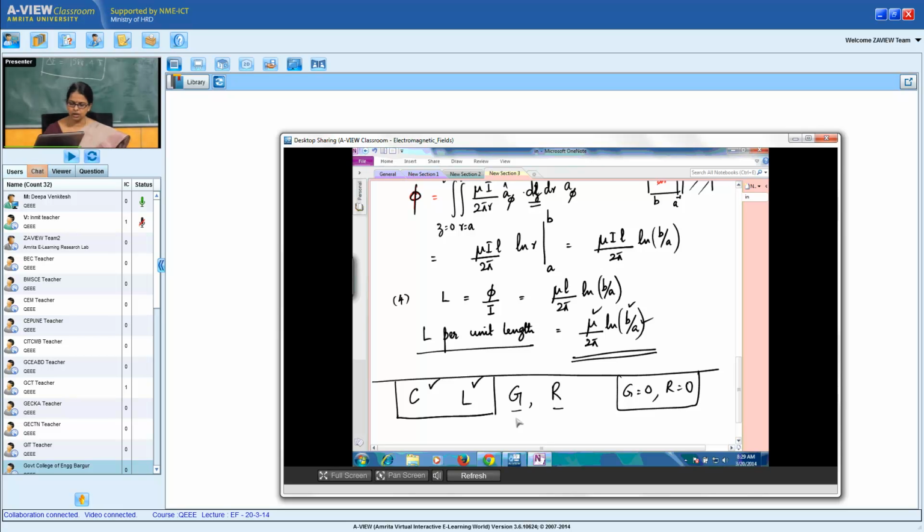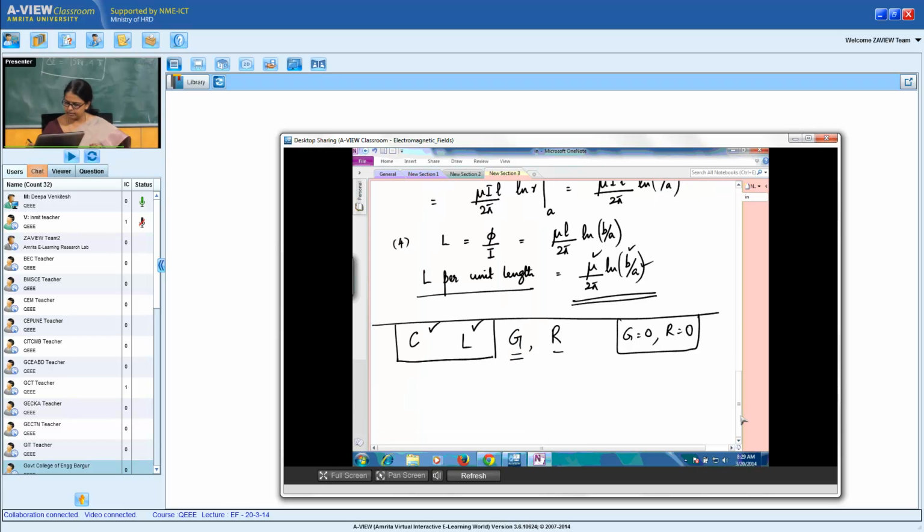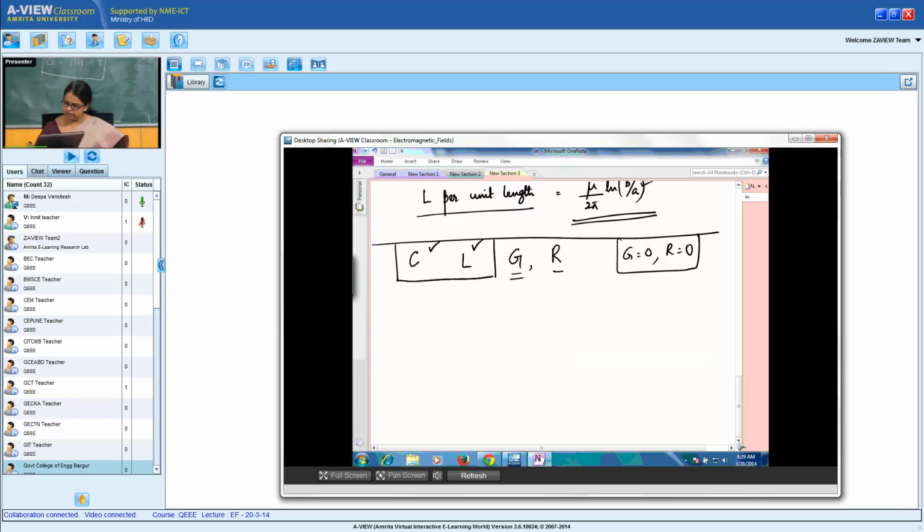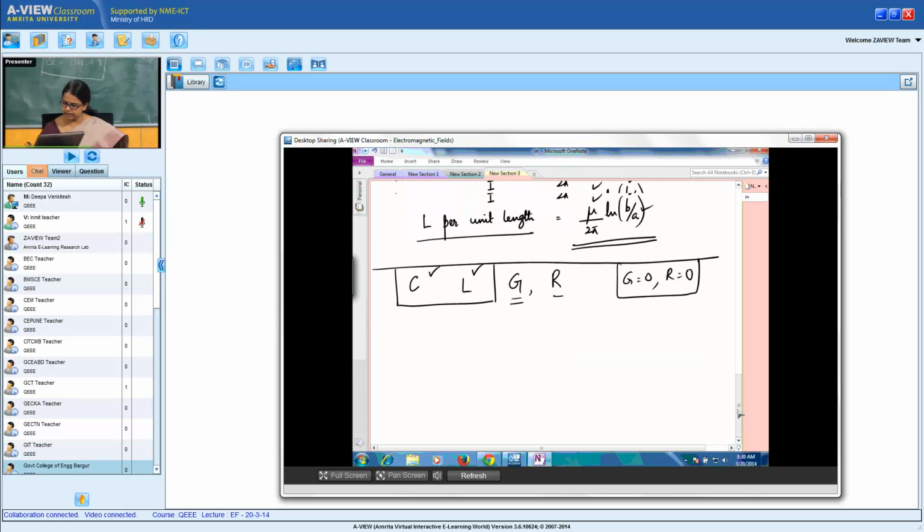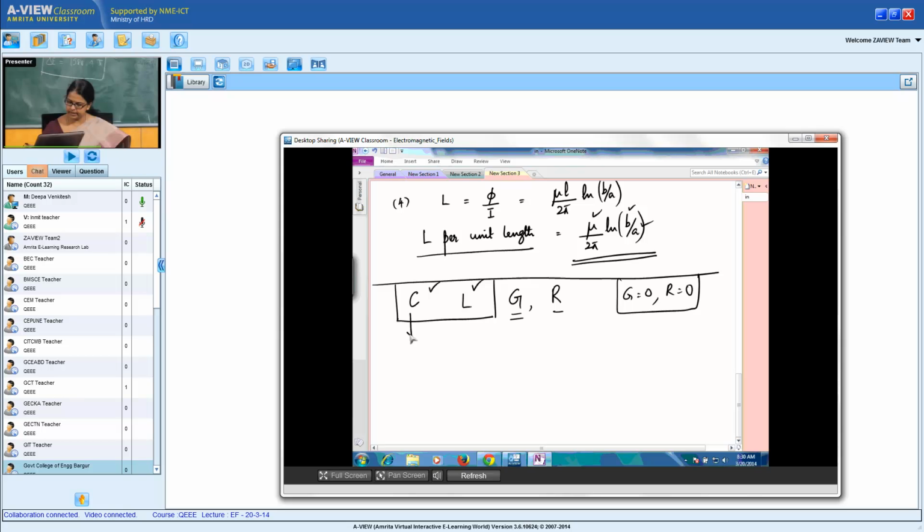So what we could do today is find the conductance also, because that needs only the knowledge of the idea of what is potential and what is field.